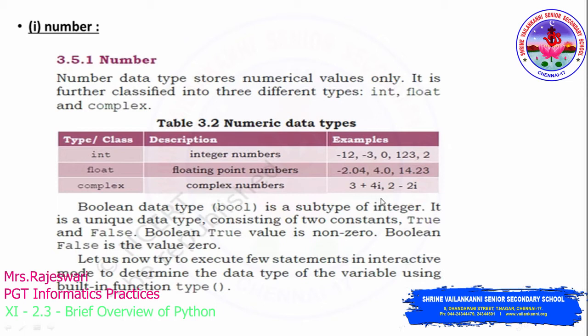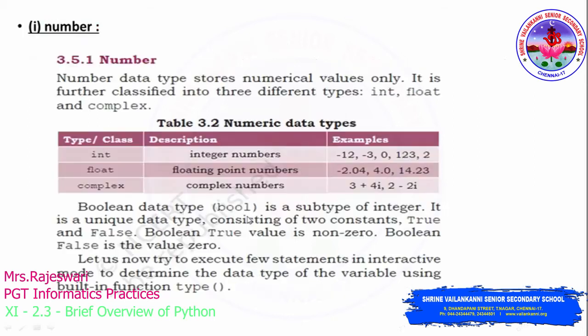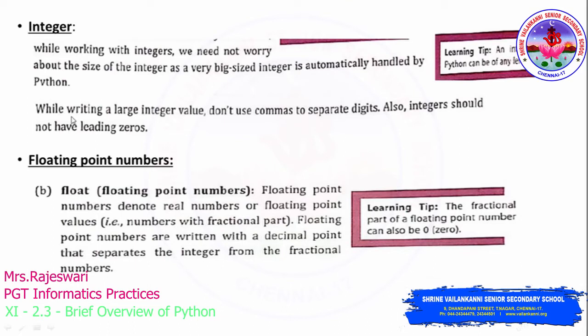Now let us discuss each data type under the number category. In numbers we are going to discuss integer, floating point, and complex. So let us discuss integer first. The integer data type, as I have told you already, helps you store the whole numbers. When you specify the values, you don't have to declare that the value belongs to the int data type, as data types are built in Python.